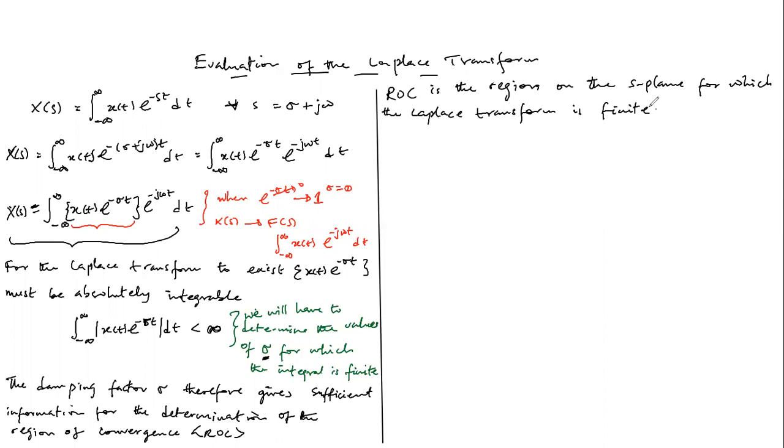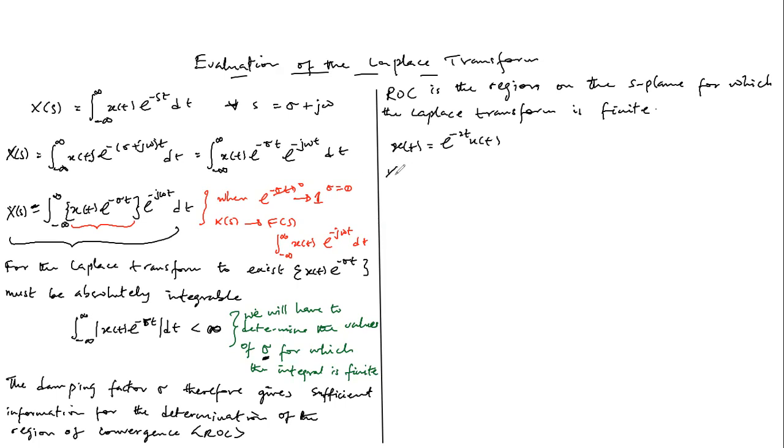So let us consider one quick example. Let's assume s of t is the same as e to the minus 2t u of t.